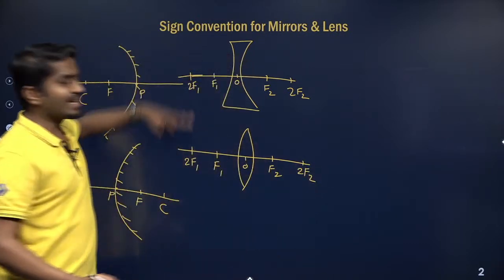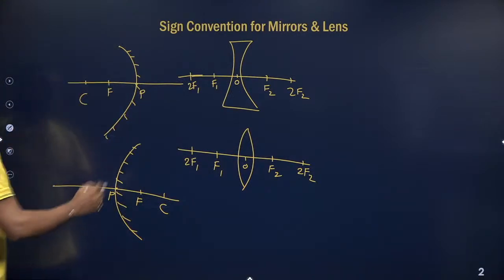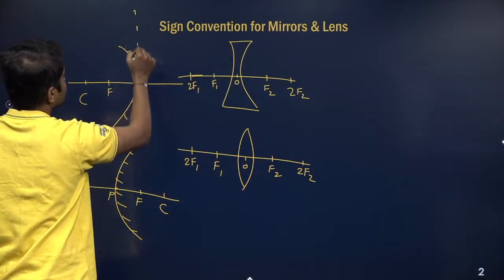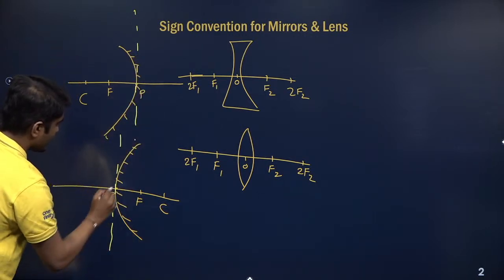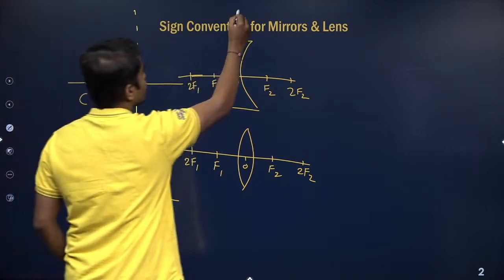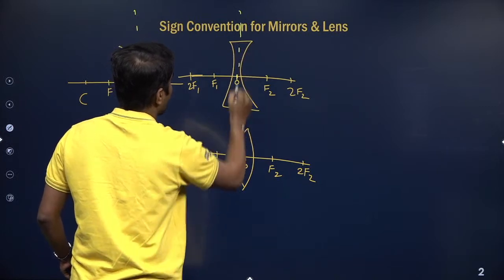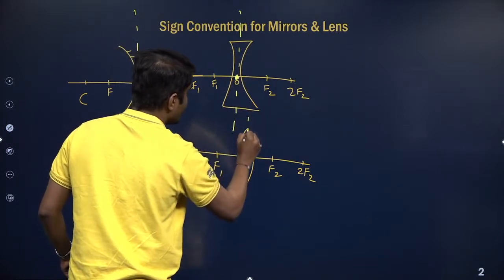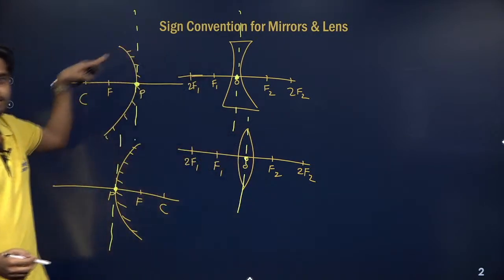So what is sign convention? Just divide everything as if there is a Cartesian plane. So this is the origin. Here you divide the lens into two parts, so the optical center will become the origin. These are the four different graphs.